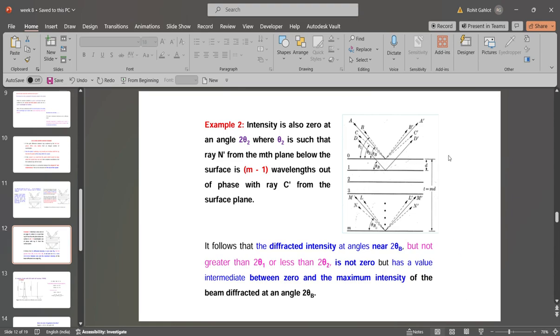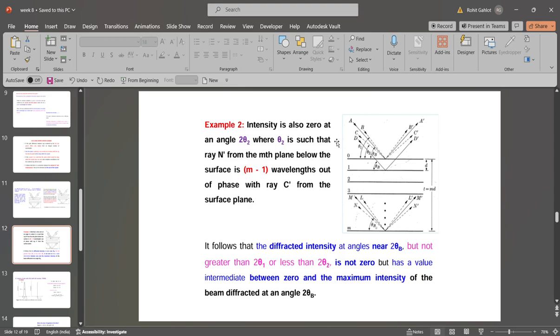As seen here, this is the thickness of the material, T, which is m times d, the interplanar distance. This is the incident beam B at the exact Bragg angle, and the other incident beams, B and C, are at angles slightly more or less than the Bragg angle, and these are the scattered beams.